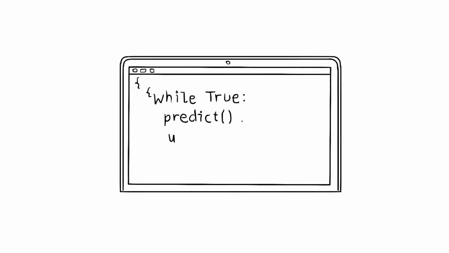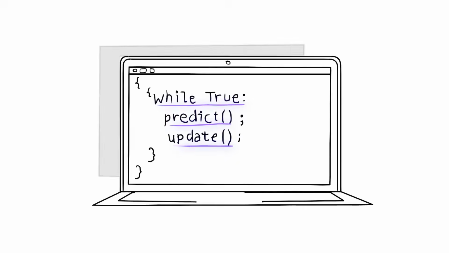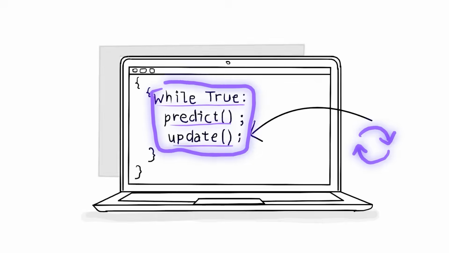A lot of this might sound fairly difficult to implement, but it's really simple with modern coding. A Kalman filter in code actually looks surprisingly simple. Something like this: while true, predict, and then update. That's it. Those two steps, predict and update, keep running forever.